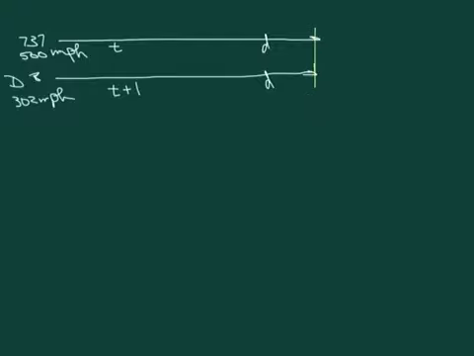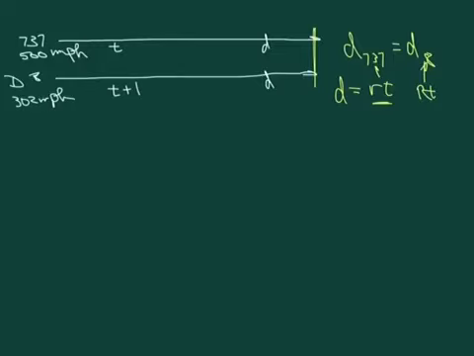So our d's are the same. So the distance of the 737 is equal to the distance of the Dash 8. Well, if that's the case, and we know that d equals rt, then we can say that the rt of this plane equals the rt of this plane, right?